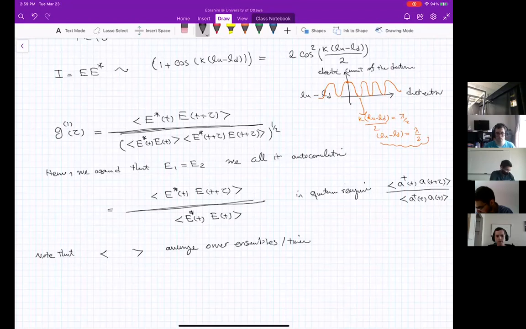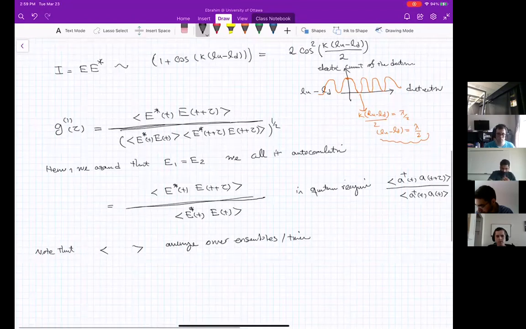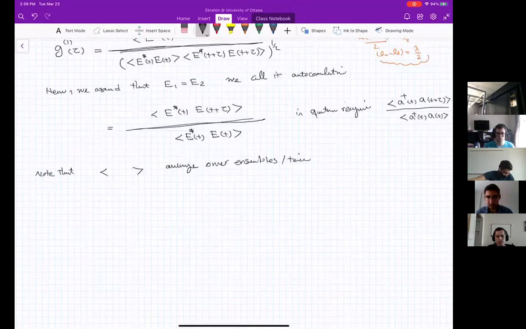Good. So hereafter, what I will do is deal with the autocorrelation function. You can do that also for different fields. This is what we have done. But usually what we assume is that the two fields are created from the same place. They have the same amplitude. When they have the same amplitude, then easily what you are doing is looking at the autocorrelation between the two fields.